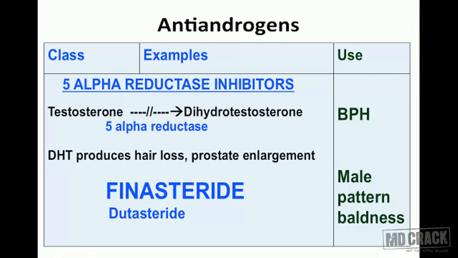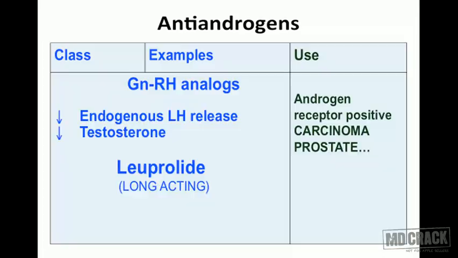It's just useful for benign prostatic hyperplasia, because more levels of dihydrotestosterone are responsible for enlargement of the prostate. So also you can use finasteride to treat the male pattern baldness. So these are some anti-androgens. Number 1, blocking the androgen receptors, and number 2, inhibiting the 5-alpha reductase enzyme.